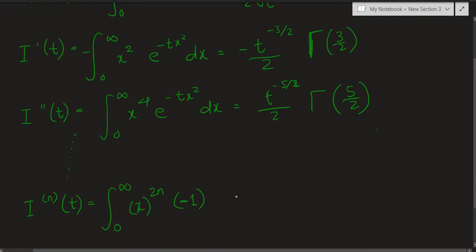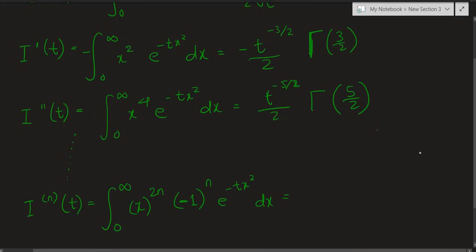So this -1 will be raised to the nth power, because when n is 1, or when we have the first derivative, it's -1 to the first power, which is -1. That's why we have this. And for all odd order derivatives, for third derivative, fifth derivative, seventh derivative, we'll have a negative sign, and that fits with everything else. And e raised to -tx squared will be as it is, because it's an exponential term dx.